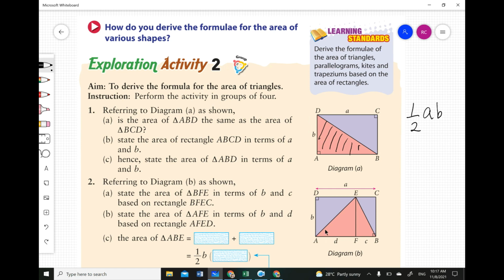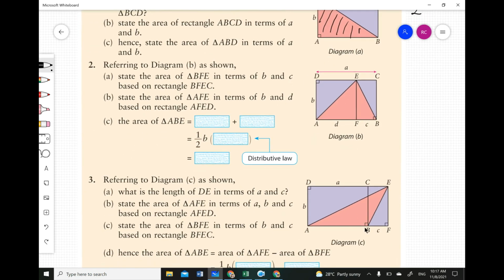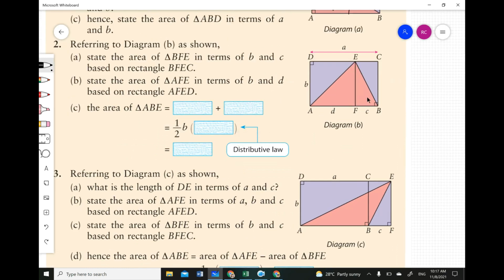Now, if we have this kind of triangle down here, the second type of triangle, we are going to go through the C, the rest you don't have to read. The area of triangle ABE, meaning the one in orange over here, is equal to what?